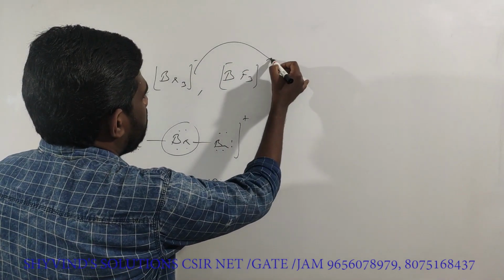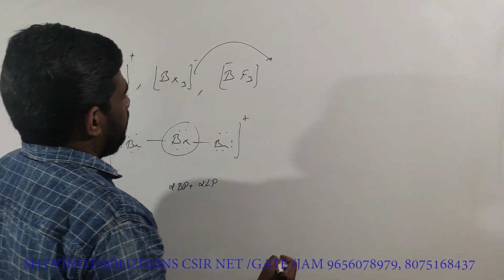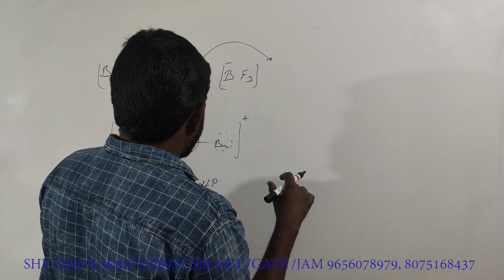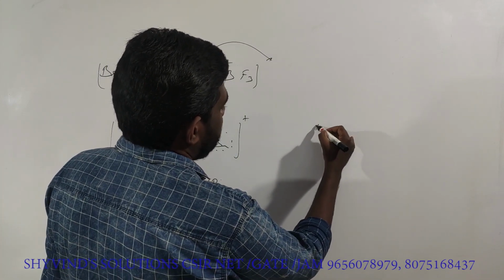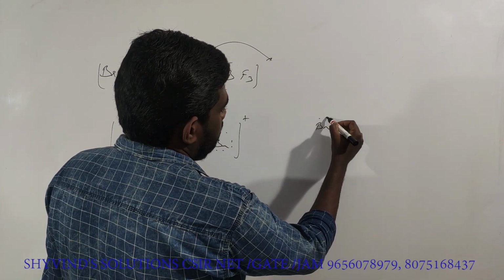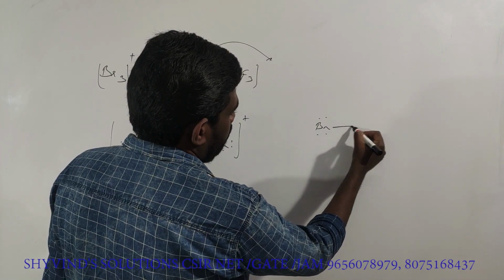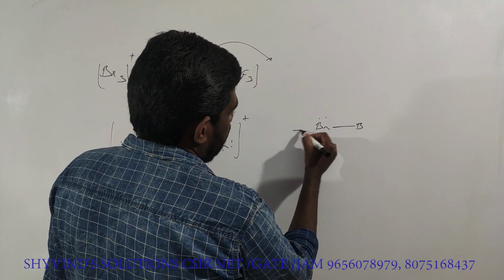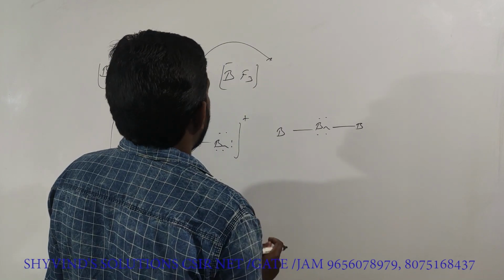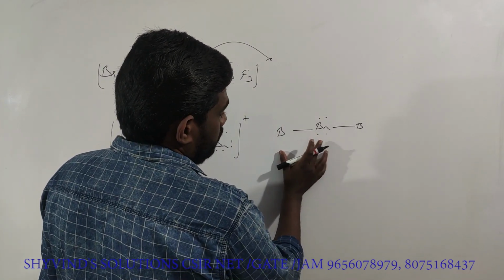What about Br3 minus? So Br3 minus will be like this: Br, 7 electrons around it, 1 forms a bond, 1 forms a bond. Now we have 7 electrons around bromine.